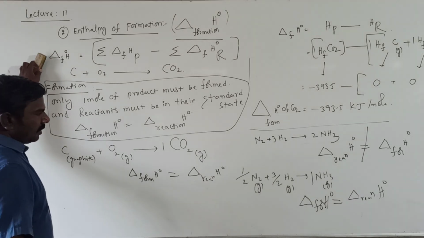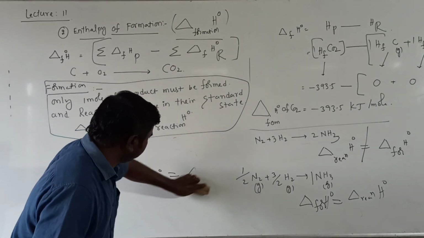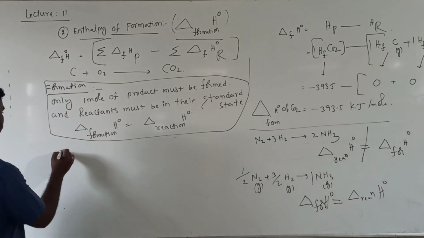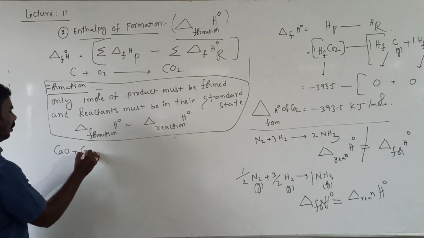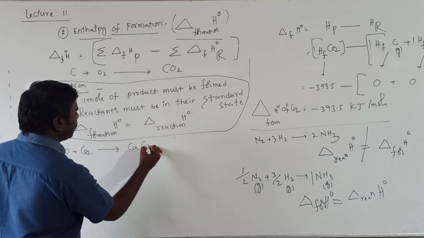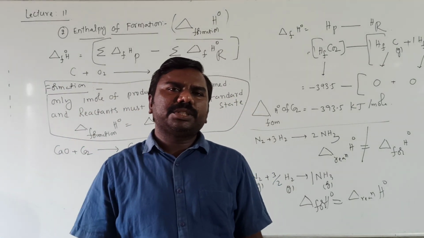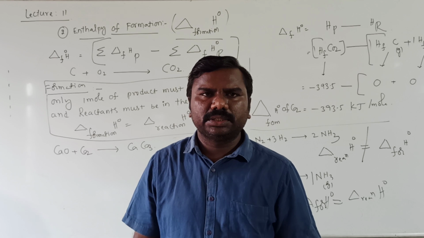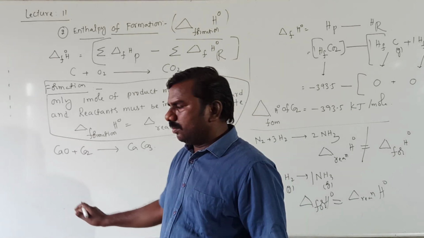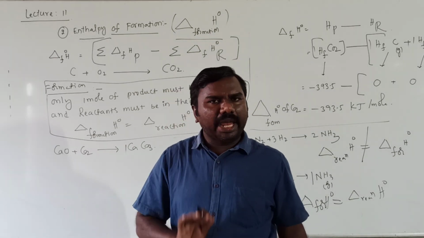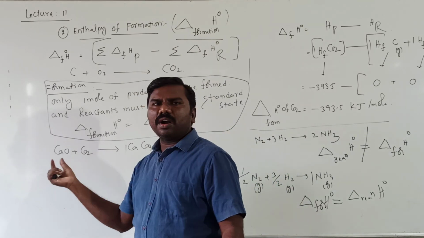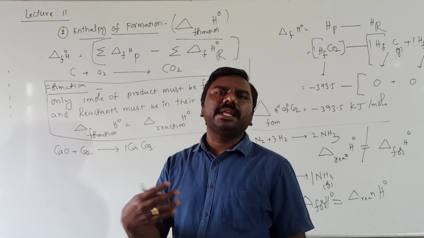Now after this, one more example. CaO plus CO2 gives rise to CaCO3. So is it formation or reaction? Yes, it is only a reaction because the product is only 1 mole, okay, but the reactants are not in their standard state or native state.